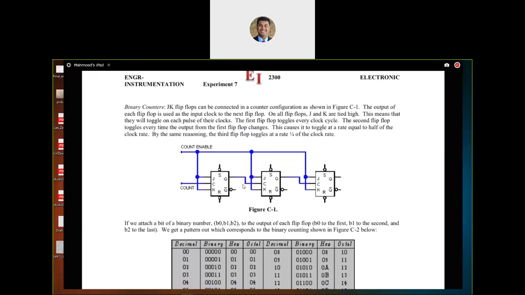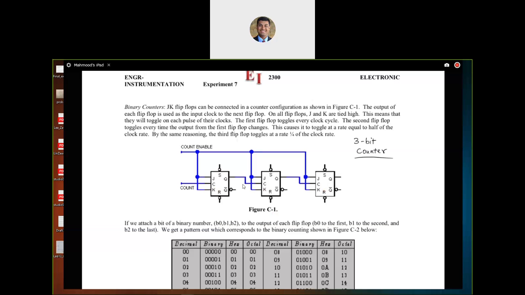All right. So figure C-1 claims that this is a 3-bit up counter. Now, this particular figure here shows 3 JK flip-flops.